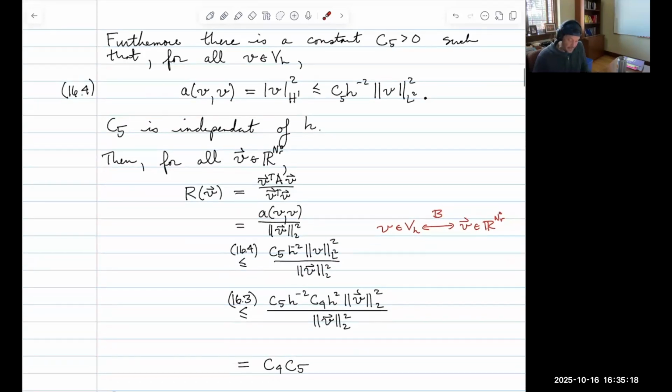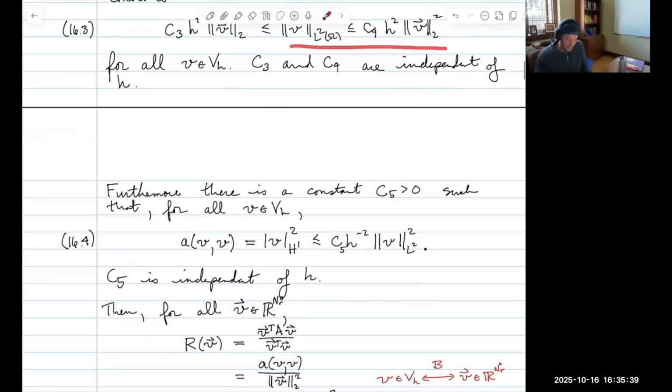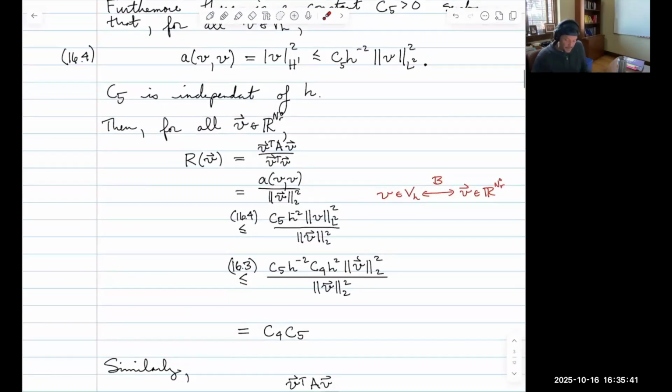Now we're still dividing by its Euclidean coordinate vector norm squared. So these two objects aren't exactly the same. This one is a norm of its coordinates, and this is the norm of the function. But we have an inequality which relates the two. So let's use this part of 16.3. That says that this number here is less than C4 h squared times the Euclidean norm of the coordinate vector V squared.